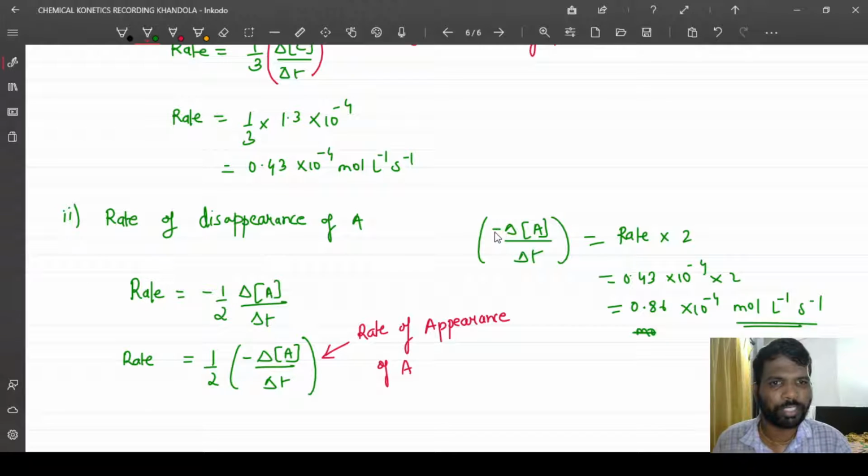So don't worry about this negative sign. Don't take this negative sign to the other side if the rate of disappearance of A is asked, because this negative sign and this difference itself is positive, and this bracketed term represents a rate of, sorry, I made a mistake. Yes, this is rate of disappearance. I wrote appearance.